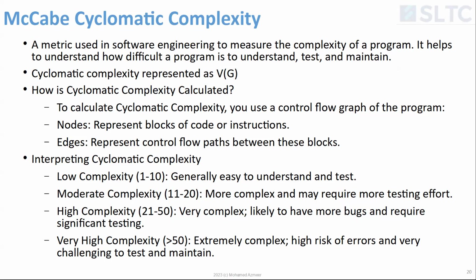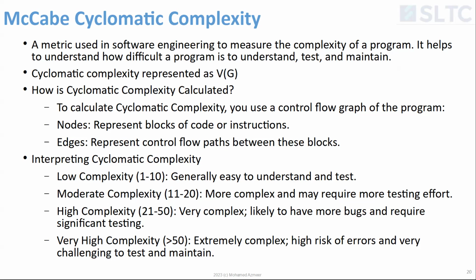So we need to give a number to the complexity. Is it 1, 2, 500? What is it? I've shared some very interesting videos regarding how to calculate this cyclomatic complexity.